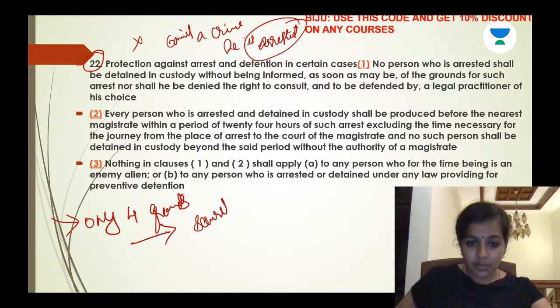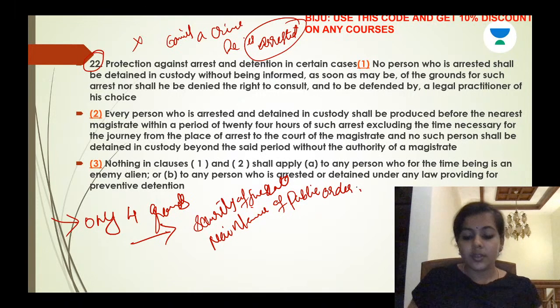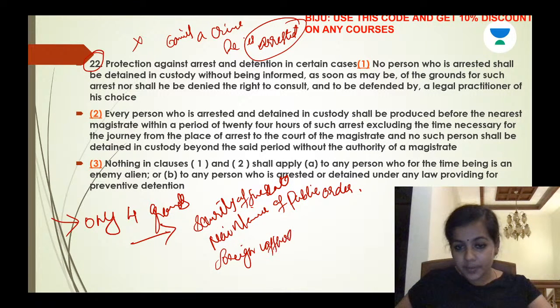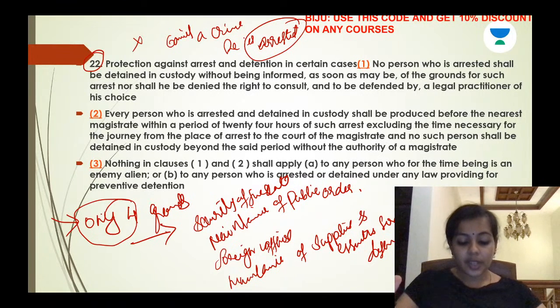If something is threatening the security of the state; a failure to maintain public order; maintenance of supplies and essential services; and defense and foreign affairs. So these are the 4 grounds considered for preventive detention.